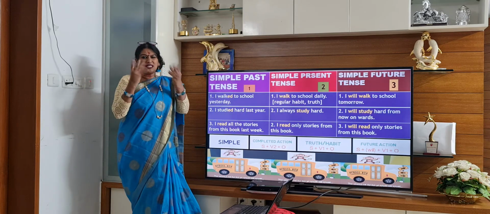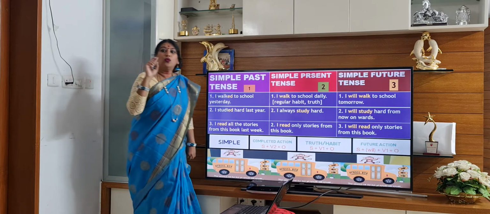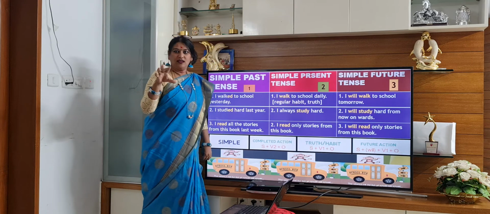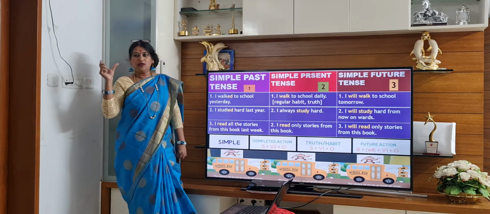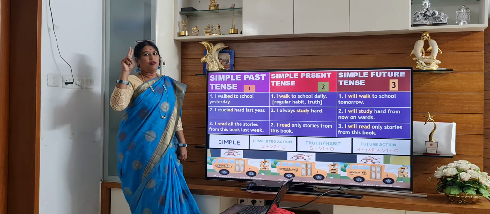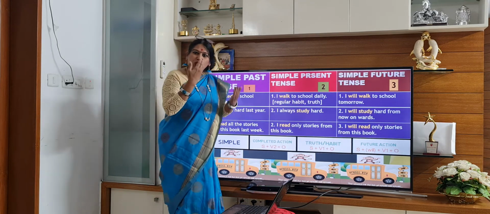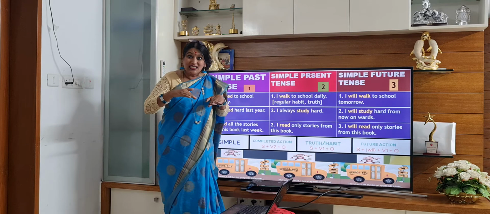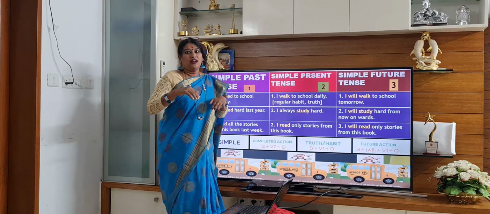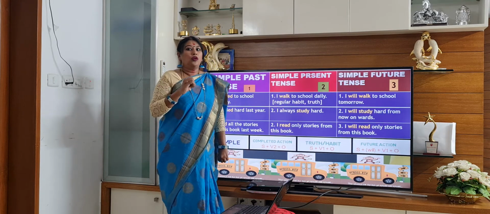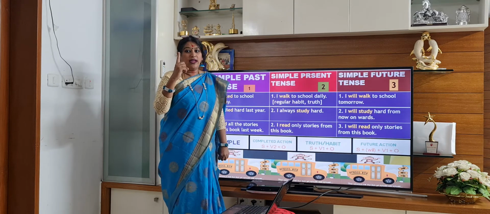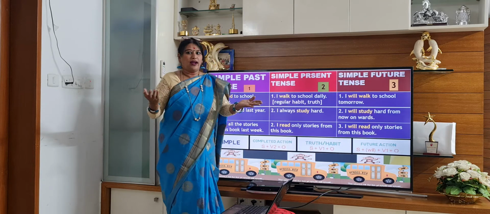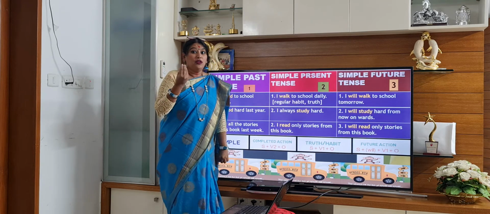Past, simple past, V2. That's it. Head and tail you have to add. What will be the body of the verb? V2, second form of verb. Okay? And then when you talk about the simple present tense, what you should remember? V1. Okay? Head and tail you have to add. What will be the body structure of the verb?